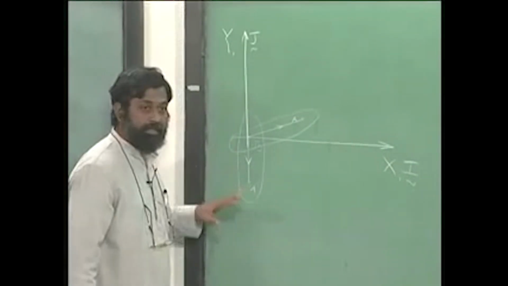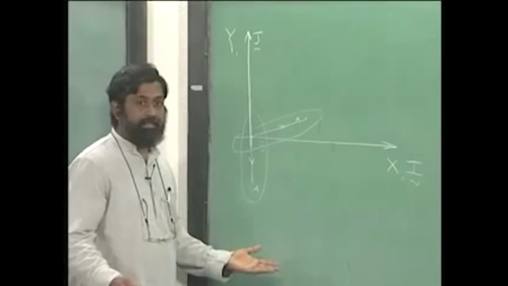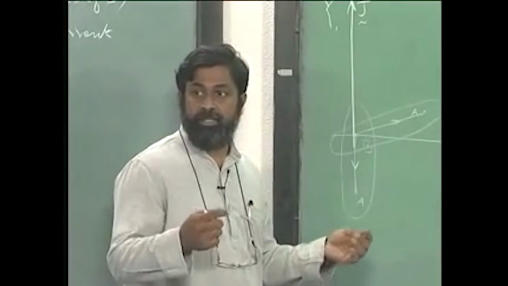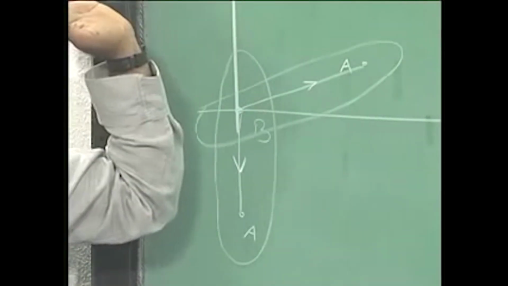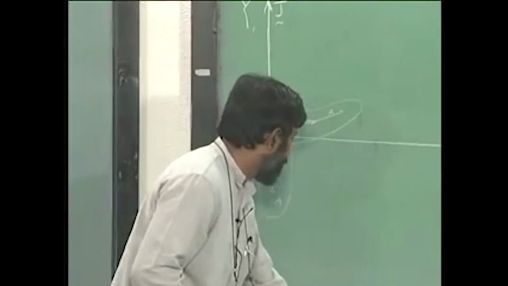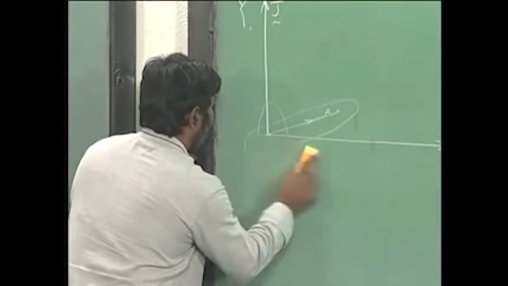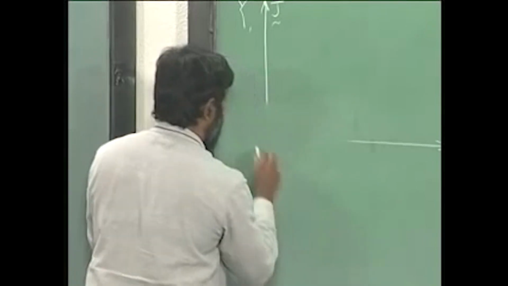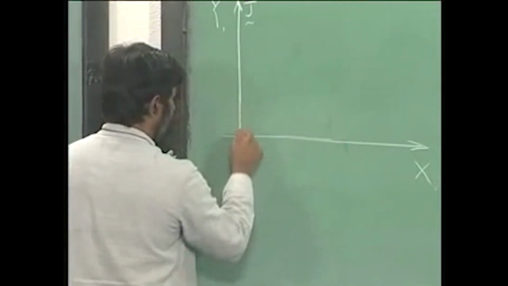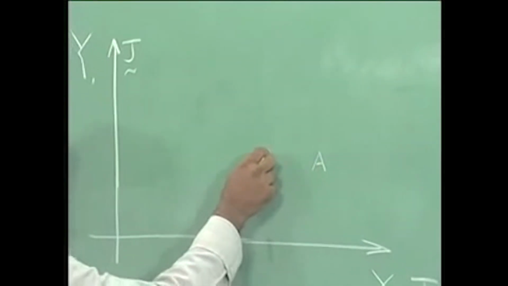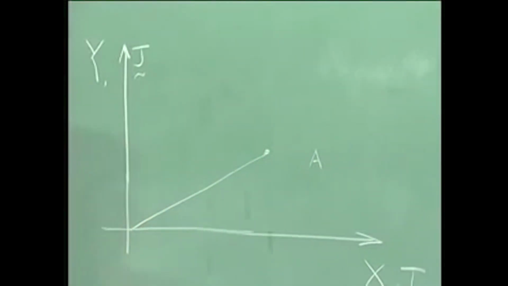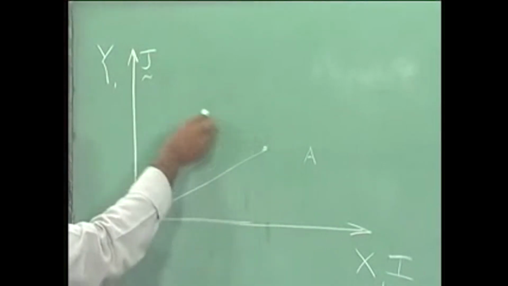Now, if I have to understand this, let us just go with something that represents this vector as it moves. Let us say I have a point here which is A. Remember, as A moves, this line also moves.